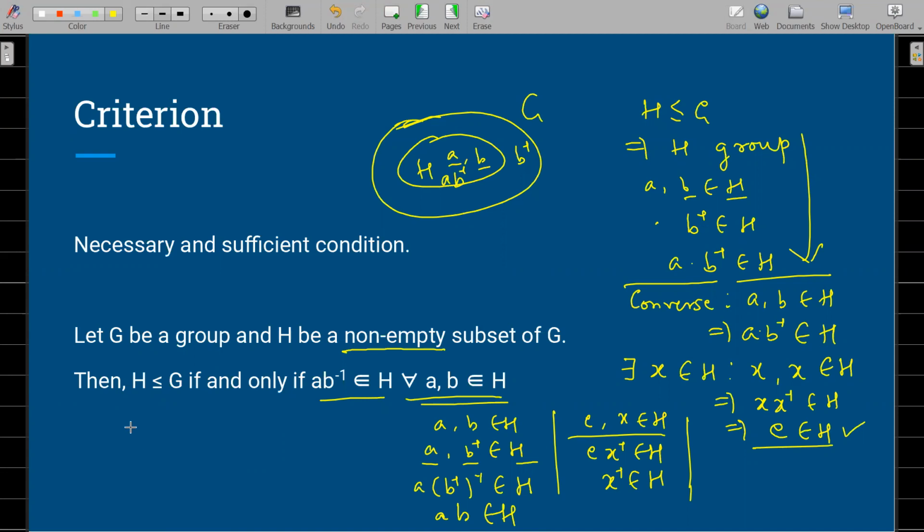Now let me just remark here. All these things are with multiplicative notation.